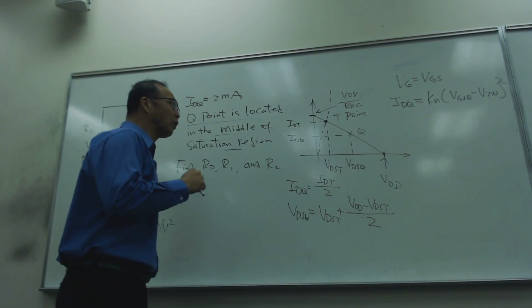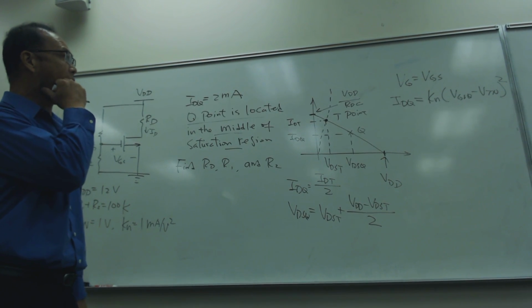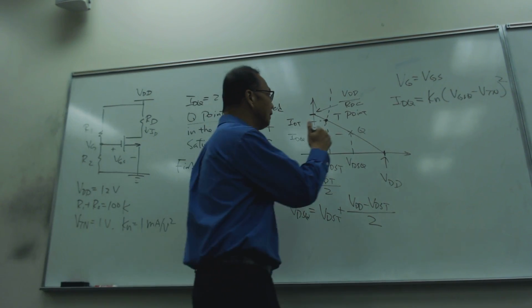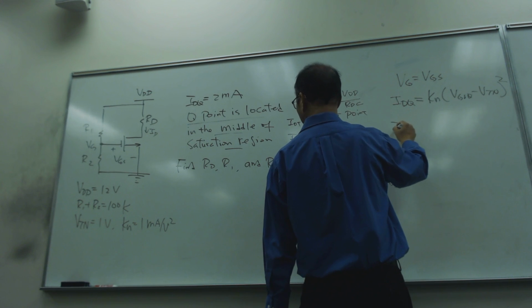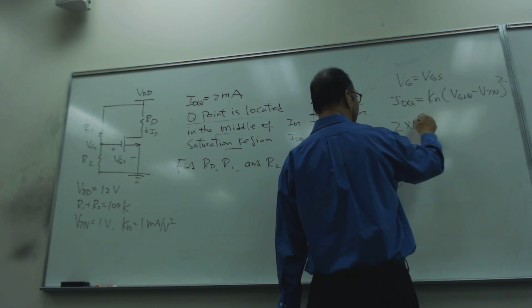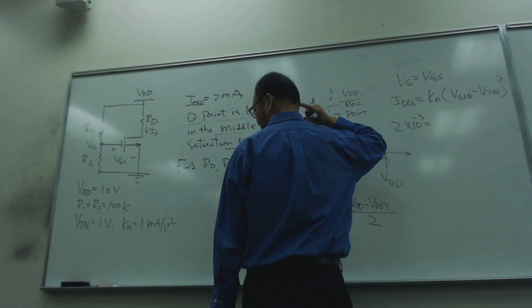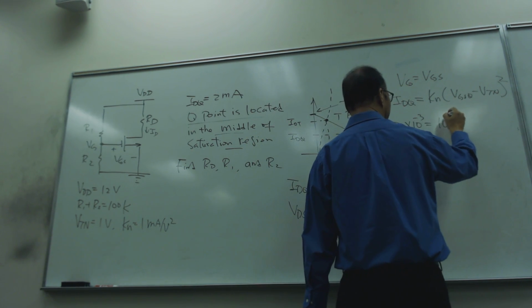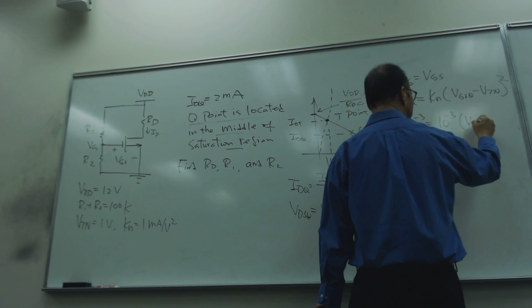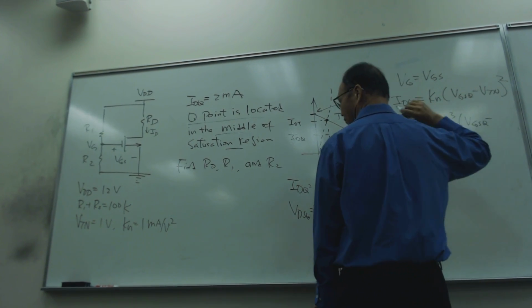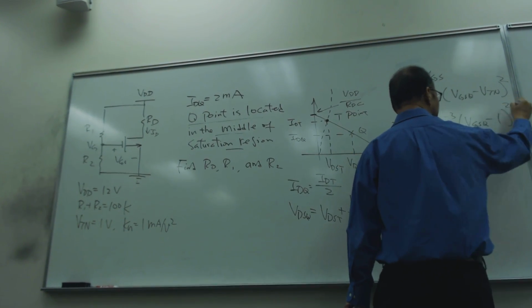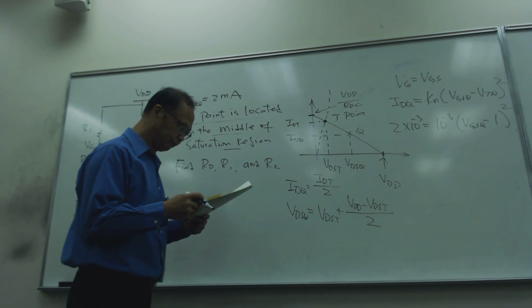Now, do I have one unknown? Yes. This is known, right? So this is 2 times 10 to the minus 3. Kn is given, right? Kn is 10 to the minus 3. VGSQ minus VTN is 1. Right? So you have one unknown.